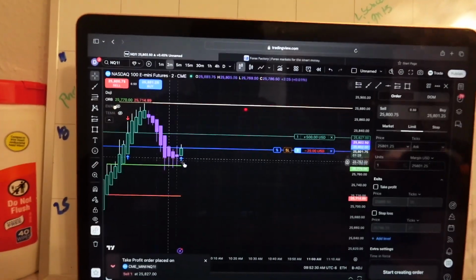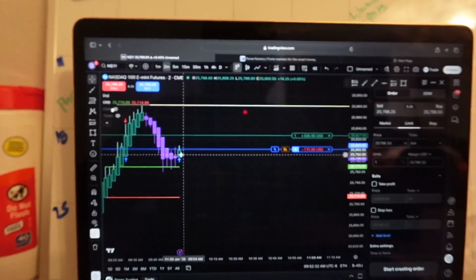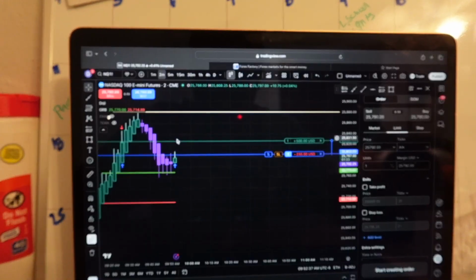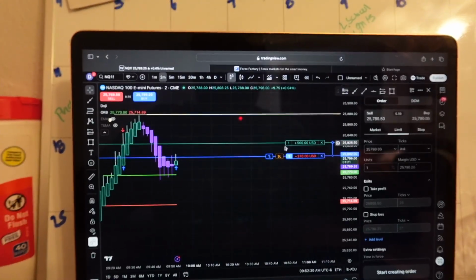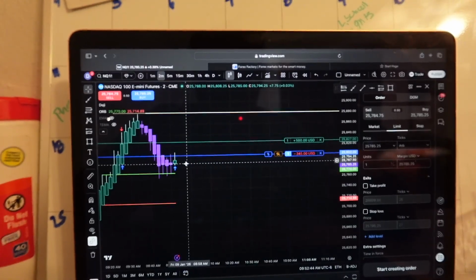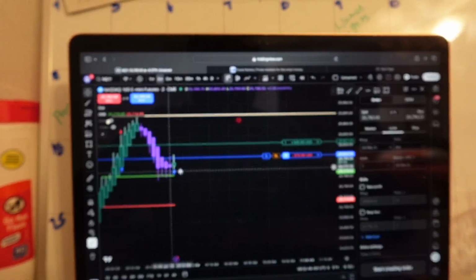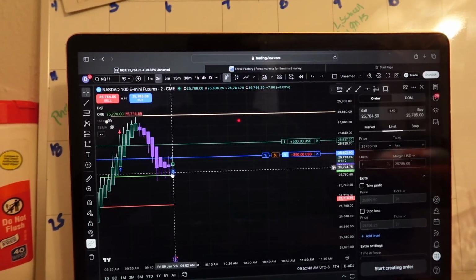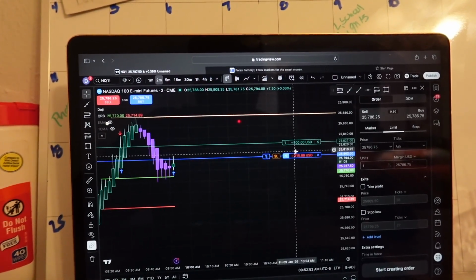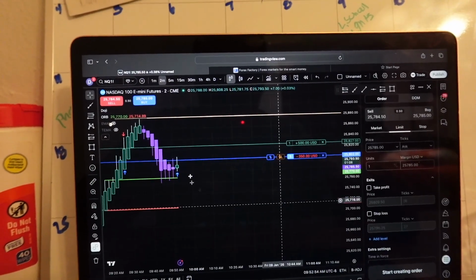Okay, so see, it did not want to break this. I got a bullish candle. I got my first bullish candle. I really should have waited till the bullish candle closed, but we know it don't want to break this, and the bullish candle did not come back to here. So I set my take profit for 500, and we're gonna let it do what it do.